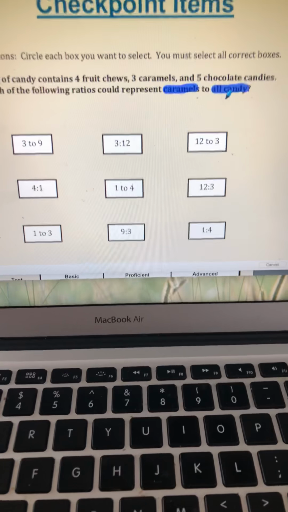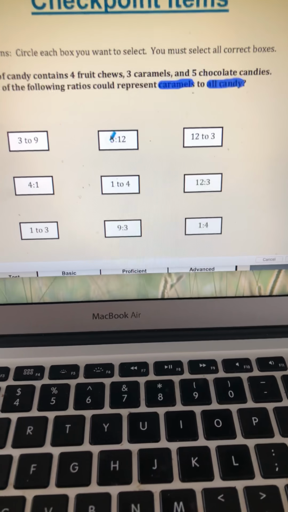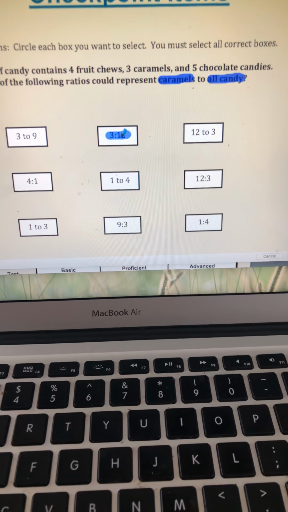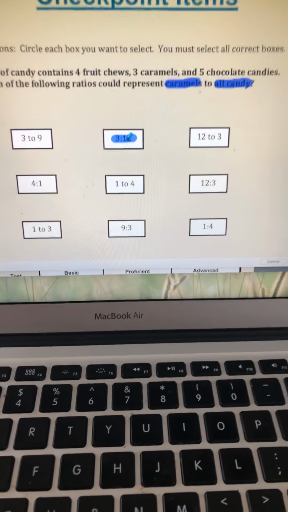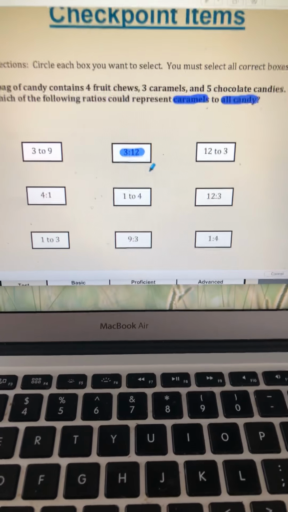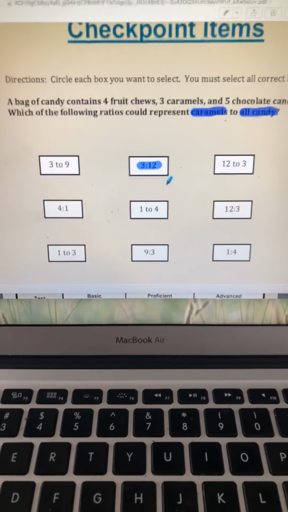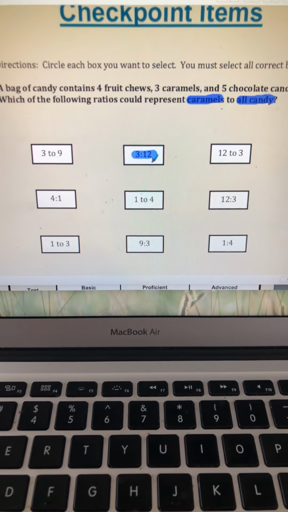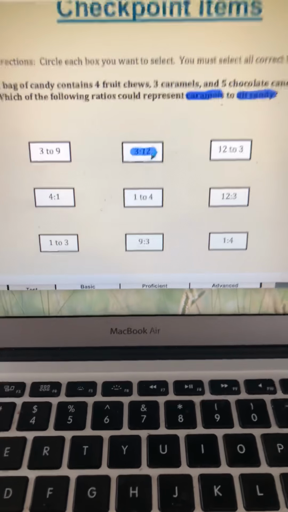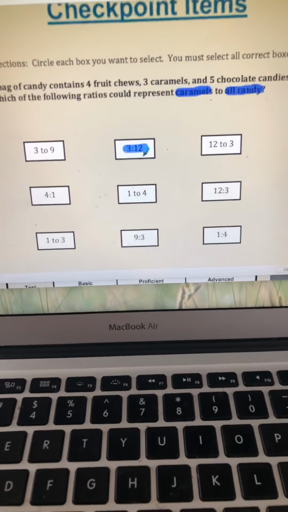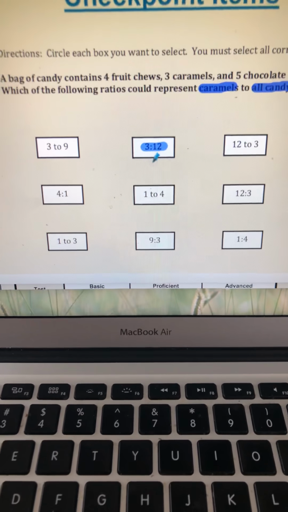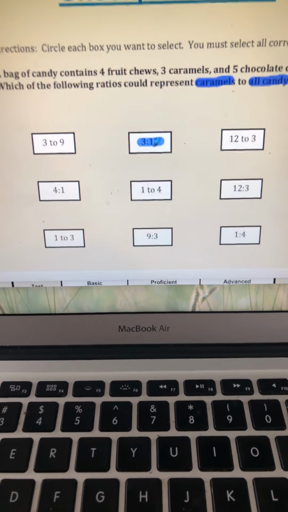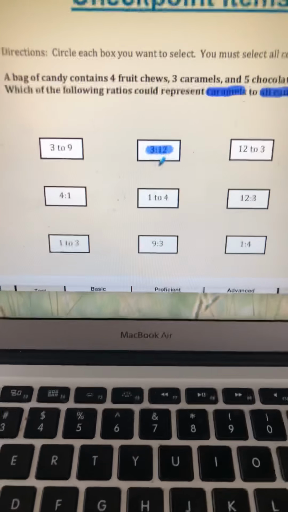And there's 3 ways it can be written. It can be written like this, 3 to 12 with the colon. We have to be very careful that we do not just stop at 3 to 12, so that we can see if we can simplify that. We have to find the greatest common factor that will go into both 3 and 12, which would be 3.